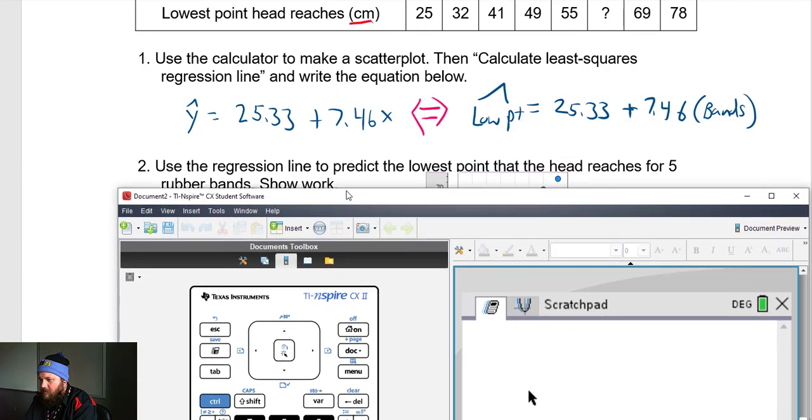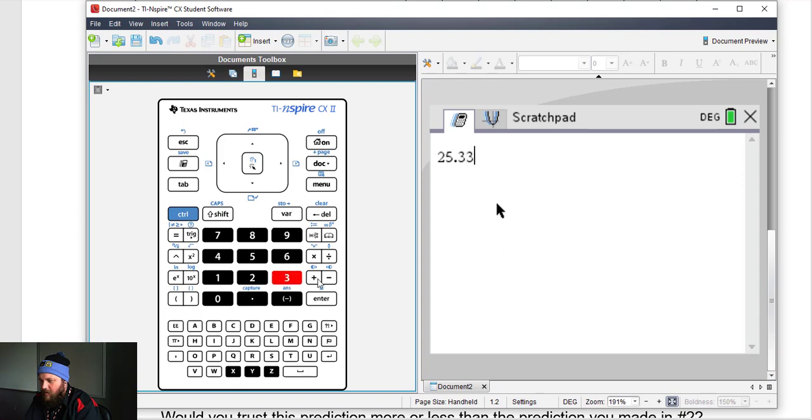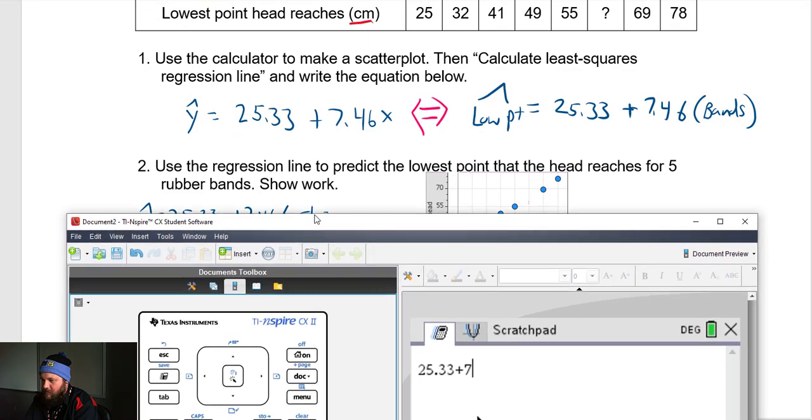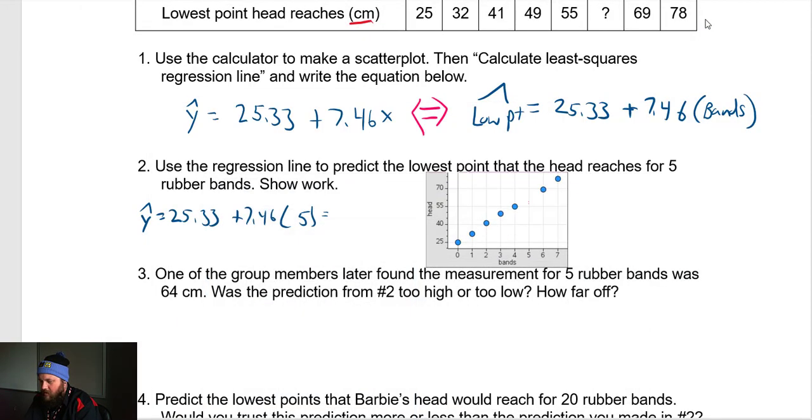Yep. 25.33 plus 7.46 times 5. That should give us 62.63 centimeters. That's what we got according to the least squares regression line.